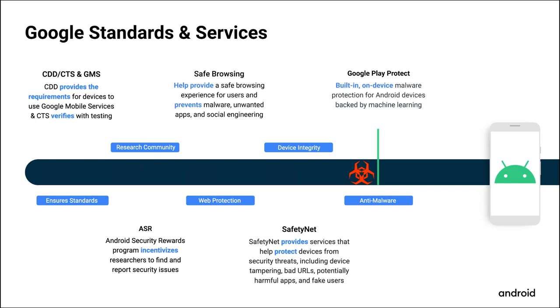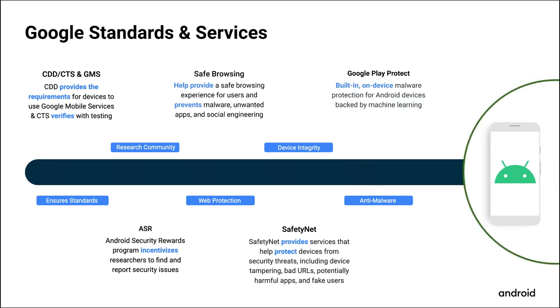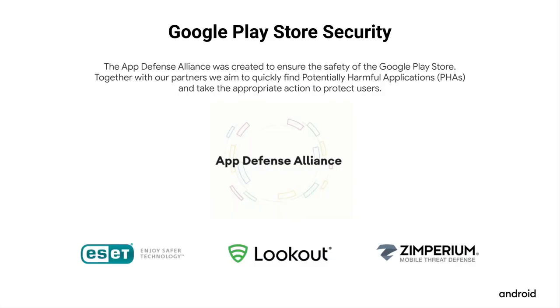It scans all applications that get installed on the device, whether work or personal, and even system apps. And it even works when the device is not connected to the internet. So that is Google's capability called Google Play Protect. And all those services help protect a device from a piece of malware that would deliver an exploit to take advantage of a vulnerability from actually getting on a device.